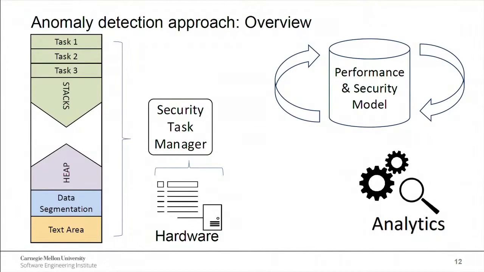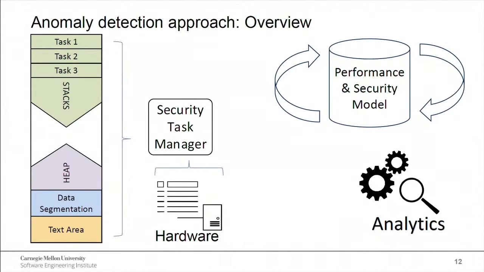So what I'm going to talk through now is an anomaly detection overview. We talked earlier about the memory segmentations. I'm going to touch on the notion of a security task manager, an actual piece of flight software that would be used to spawn and do the housekeeping of a lot of the flight software tasks.